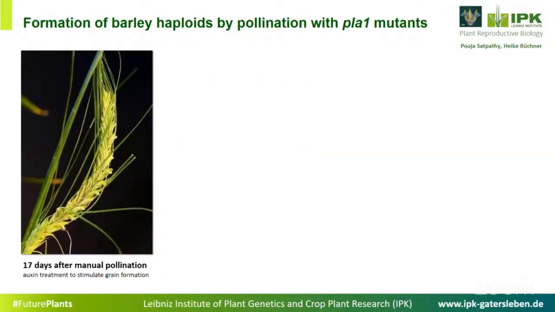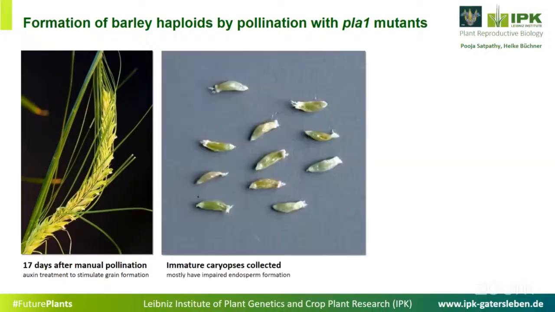We rendered those mutants homozygous and then pollinated. First, we selfed them for reproduction, and then we developed a method using these haploidy inducers to produce haploids in any barley. The method is that we have to emasculate and pollinate the maternal parent.